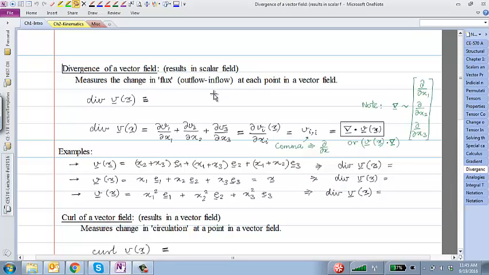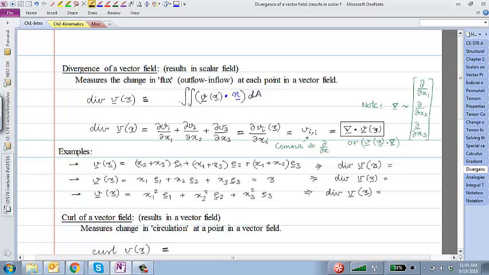And the way it is defined, again, is very similar to the other definitions of our derivatives in 2D and 3D. Since we have a vector field now, we are going to measure flux with V dot product with N. N is the normal vector at that point. The dot product, of course, would be a scalar. And we take that over the boundary of that body, which would be a surface.